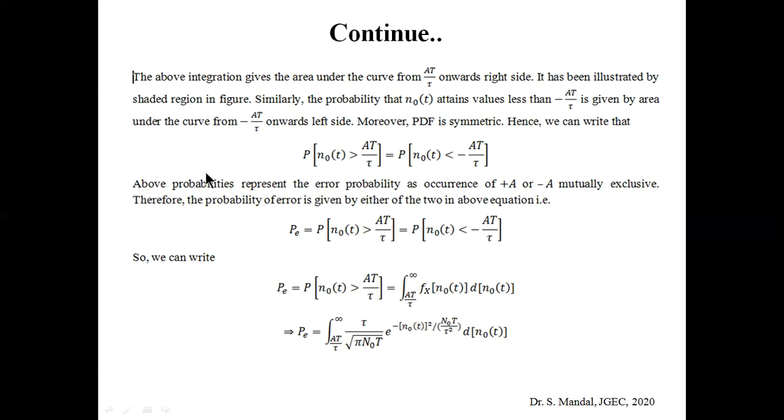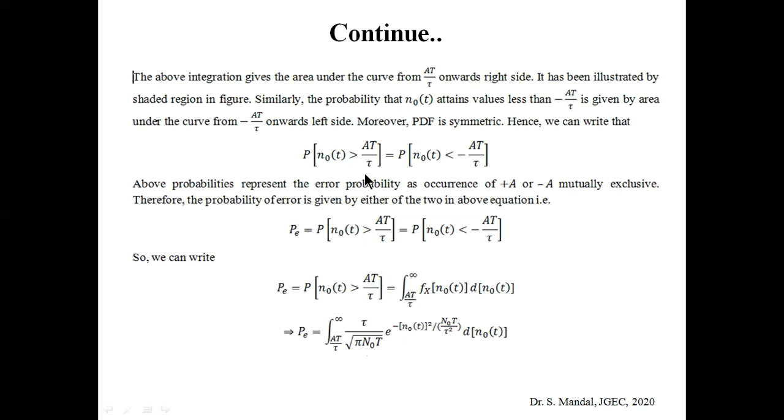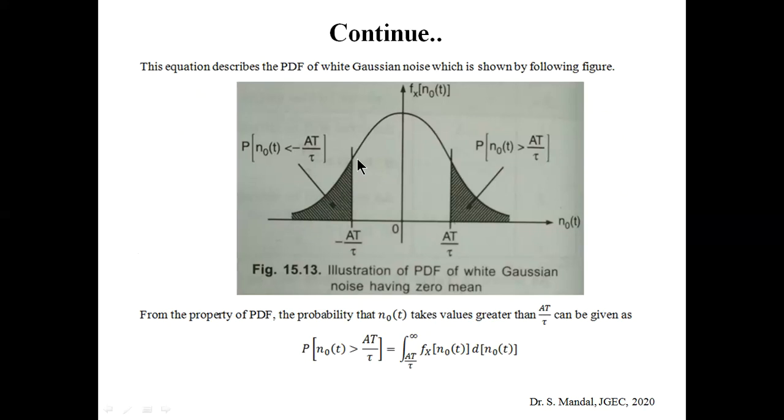Similarly, the probability that n_0(t) attains a value less than minus AT by tau is given by this area, which is the region on the left-hand side of minus AT by tau. However, as the Gaussian distribution is symmetric in nature, obviously these two probabilities, that means P(n_0(t) greater than AT by tau) and P(n_0(t) less than minus AT by tau), are the same.